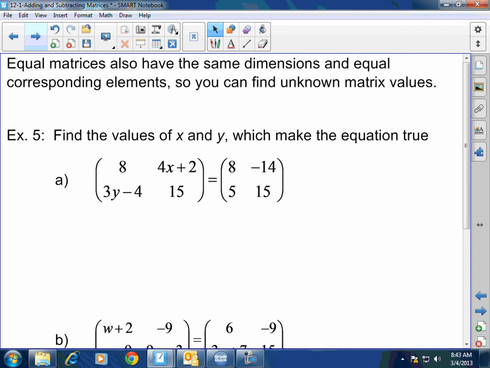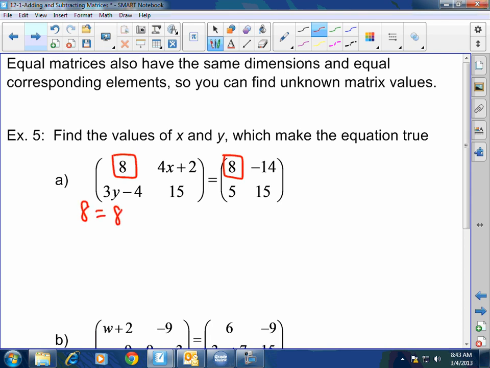You set them equal to each other just like a regular equation. So for example, don't stress about this. Isn't this element 1, 1? Isn't this element 1, 1? Well, 8 equals 8, correct? Yeah, we're done. That's already set up.